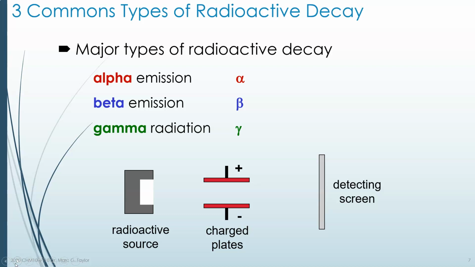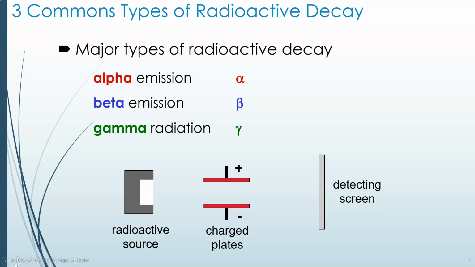And if you release these particles in a stream that flows between two charged plates, two metal plates that have an electrical charge on them, where one plate is positively charged and one plate is negatively charged, the particles or the rays that go between these may or may not be deflected towards or away from one of the plates. So if they have similar charges, they'll be repelled from the similar charge and attracted to the opposite charge.